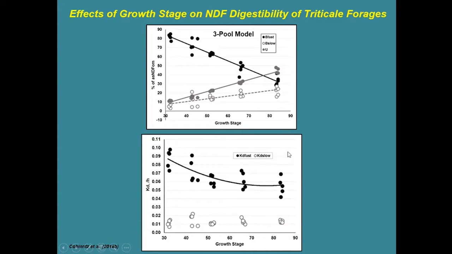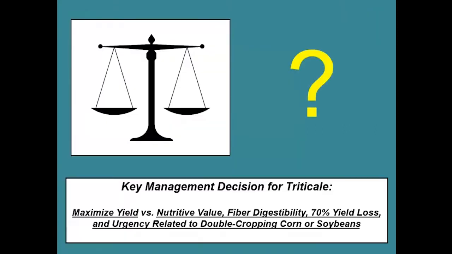What's quite interesting about this is that the rate of digestion of the fast pool decreases in a quadratic fashion as a function of growth stage, but the slow pool has no relationship to growth stage, at least in this particular study, which we found quite interesting. That's really all I want to say about that, but I thought I would at least mention it.